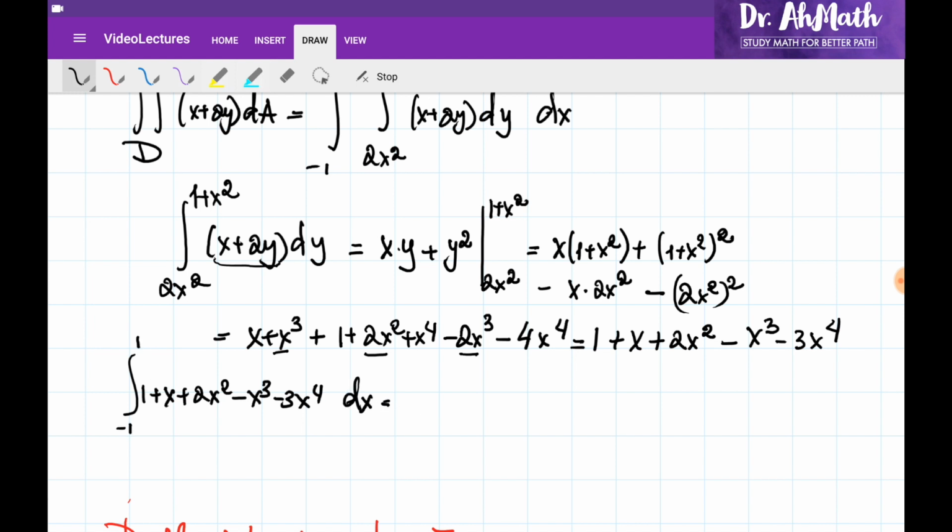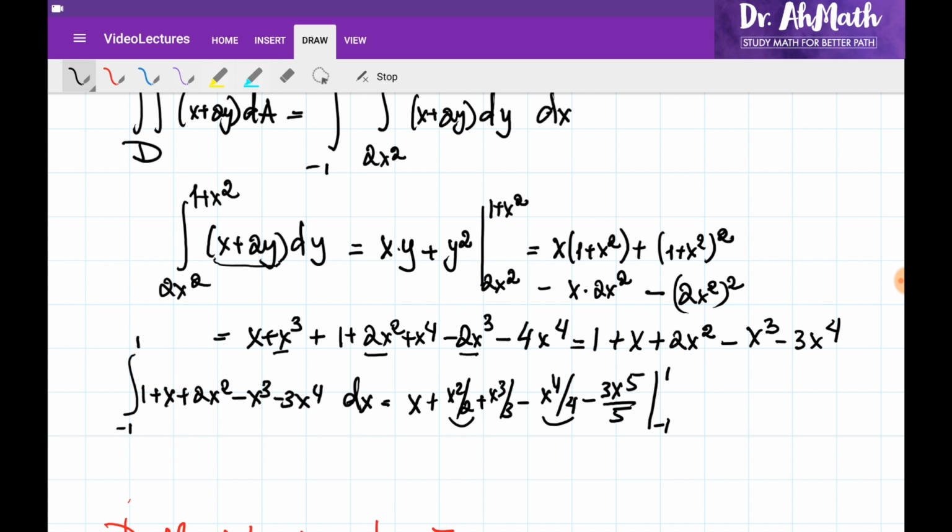So integrating this polynomial is very straightforward, and we can write down the antiderivative in this form: x plus x squared over 2 plus x cubed over 3 minus x to the 4 over 4 minus x to the 5 multiplied by 3 over 5. So if I put the values between 1 and minus 1, these two terms are going to be cancelled because they have the even powers.